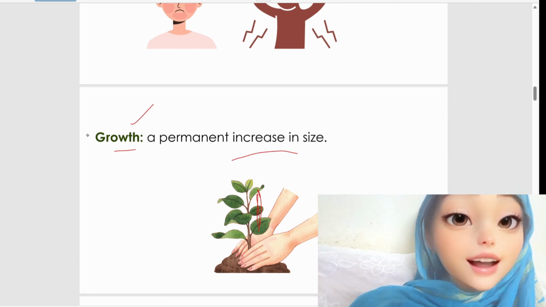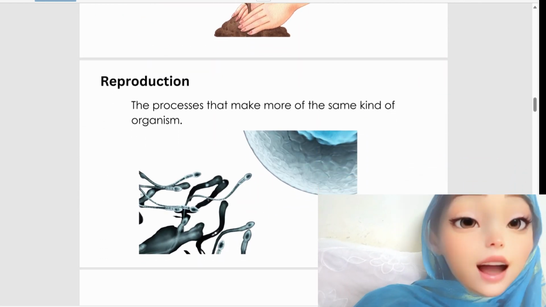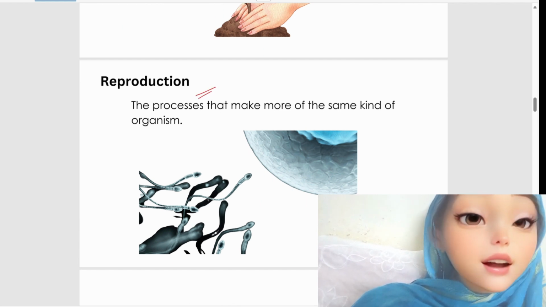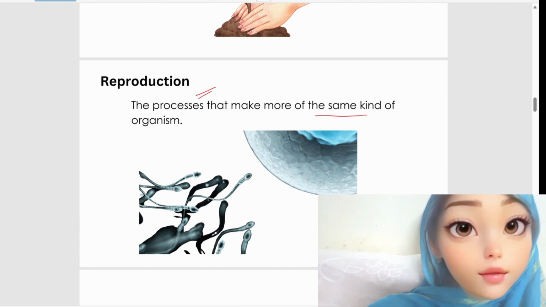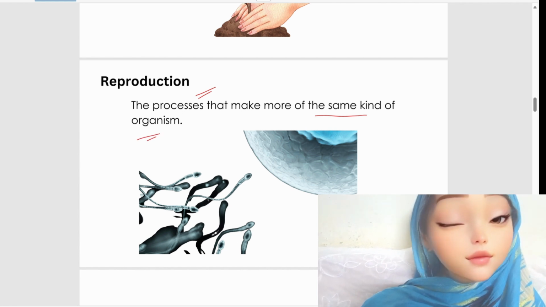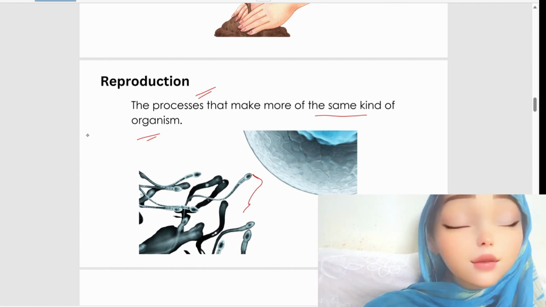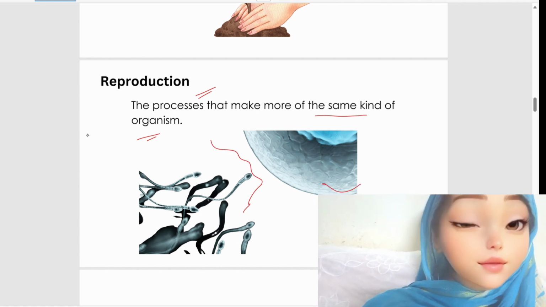So reproduction is a process of producing more of the same kind of organism. Organisms have the ability to produce the same kind of organism. For instance, here are sperm cells, and these are the egg cells that unite together to produce the same kind of organism.